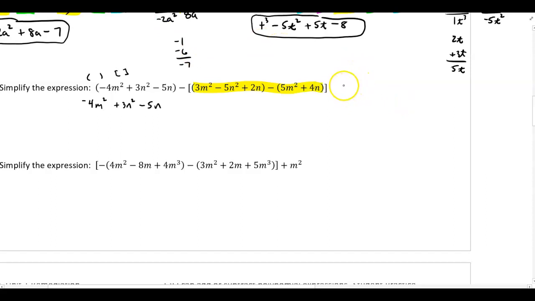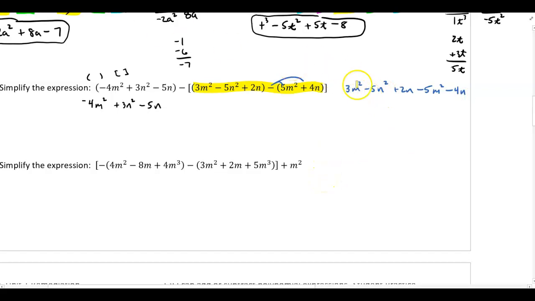So I drop the parentheses here, so I get 3m squared minus 5n squared plus 2n, but then I'm going to distribute the minus sign here. So minus 5m squared minus 4n.